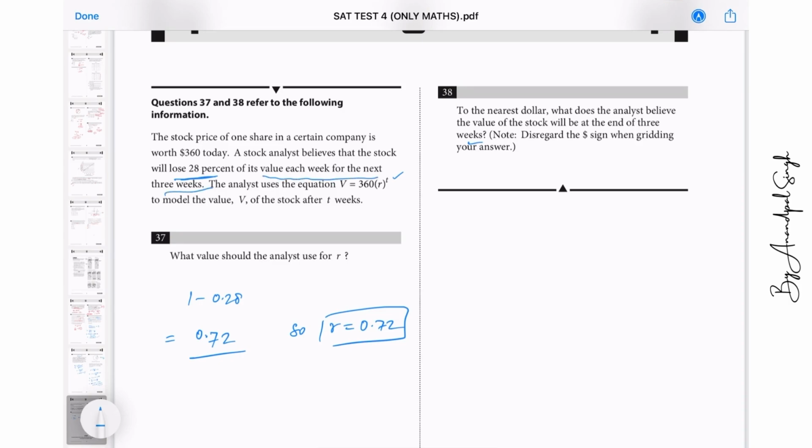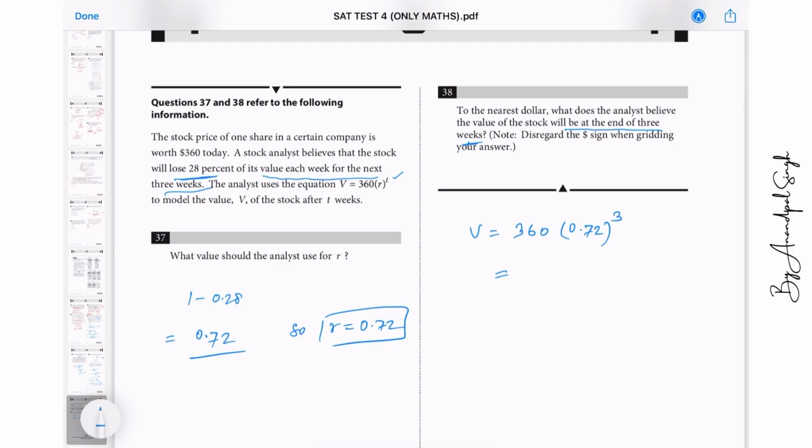So V equals 360 times 0.72 raised to power 3. He's asking what you believe the stock value will be at the end of the weeks. Okay, so we need to find this. I'm calculating it.